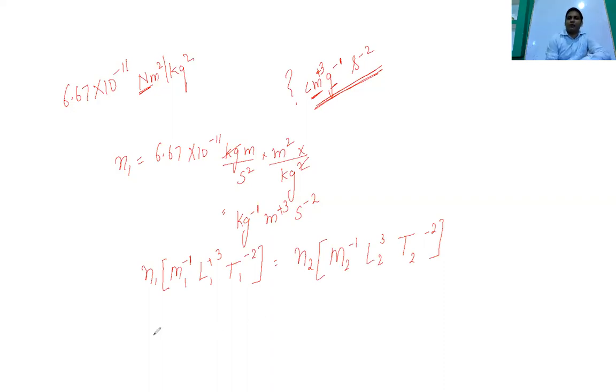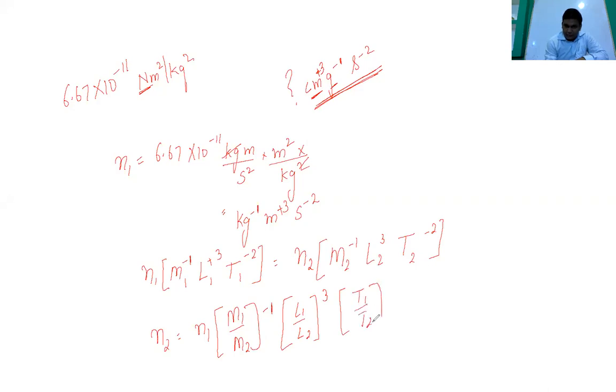You are willing to calculate N2, so N2 will be your N1, and you can write here M1 by M2 to the power minus 1, and L1 by L2 to the power 3, and in case of the T, T1 by T2 power minus 2.